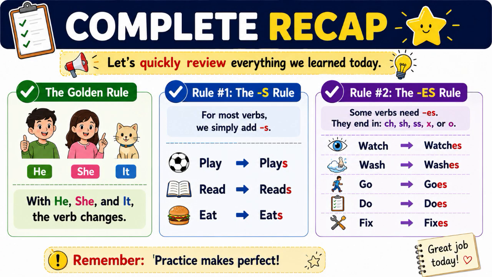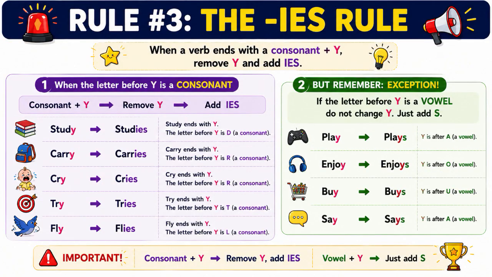Rule number 3, the IES rule: study, studies; carry, carries; cry, cries; try, tries. But remember, play, plays; enjoy, enjoys; buy, buys; say, says.